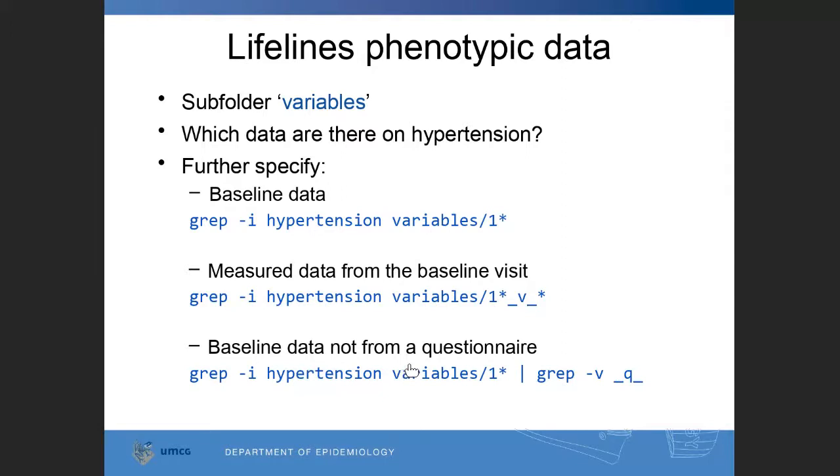Or if I want to search in all baseline files but not in questionnaire data, I say 1 star, but exclude data from the questionnaire. This grep -v means invert your selection, so exclude the files that have _q_ in their names.